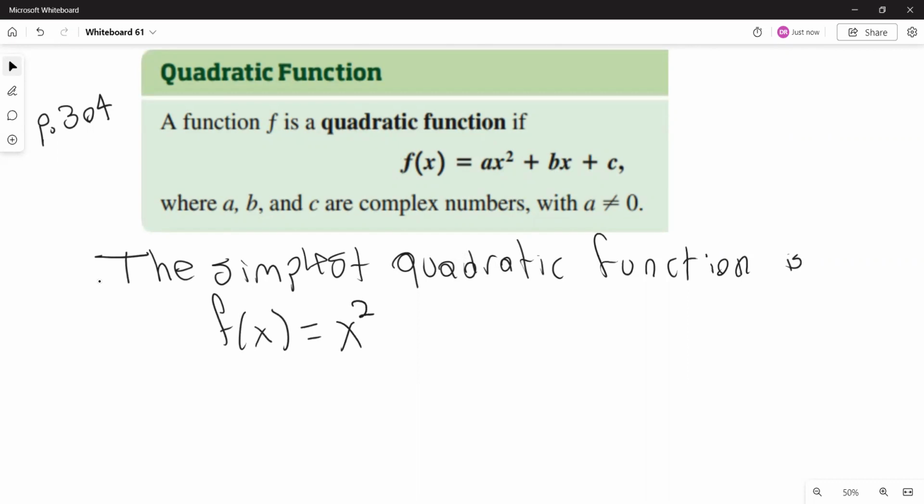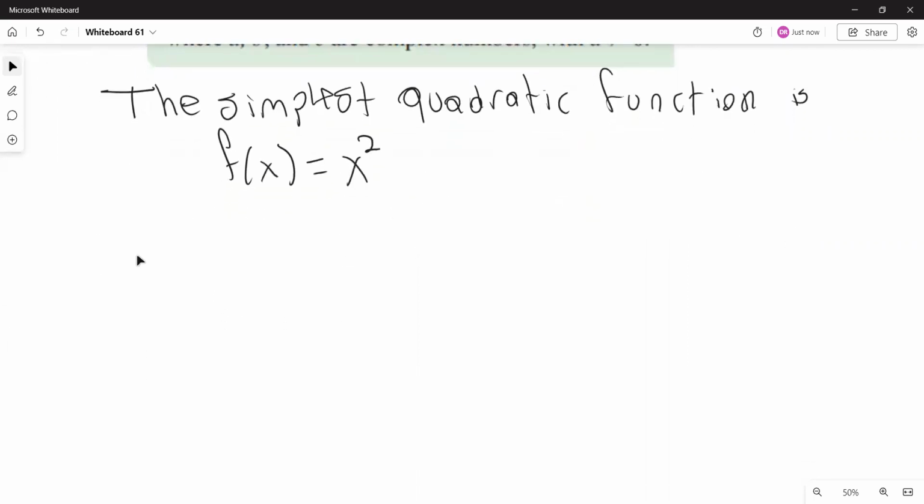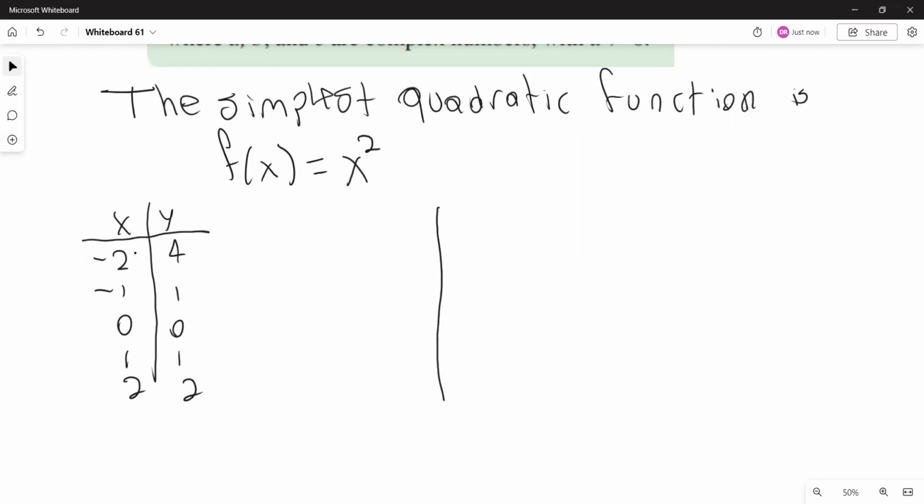And we did this graph several times. Okay, so you remember the graph? This graph has a particular name.